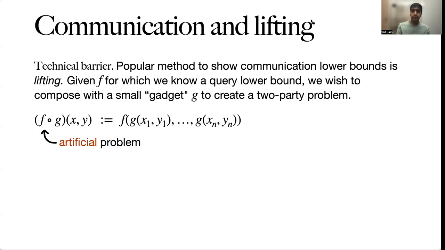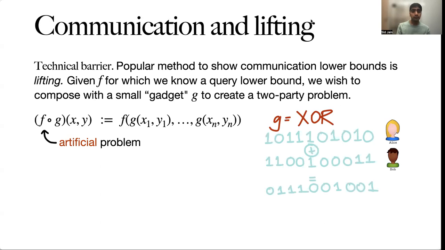To see why, let's consider the case of XOR. When g is XOR, then Alice and Bob both receive n-bit strings, and the true string corresponding to the input list in this case is the bitwise XOR of these two strings, which seems like a very unnatural way to distribute the input between Alice and Bob.